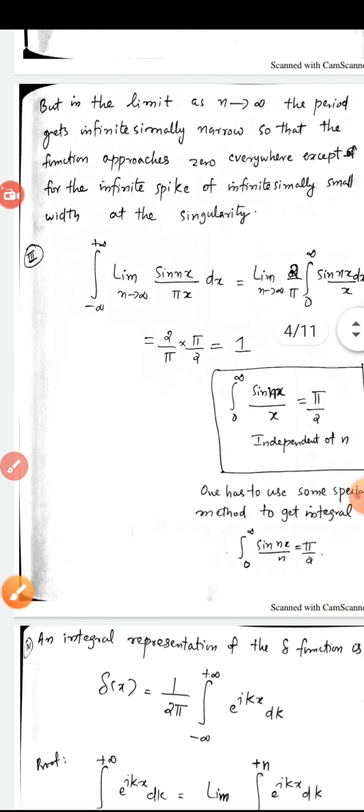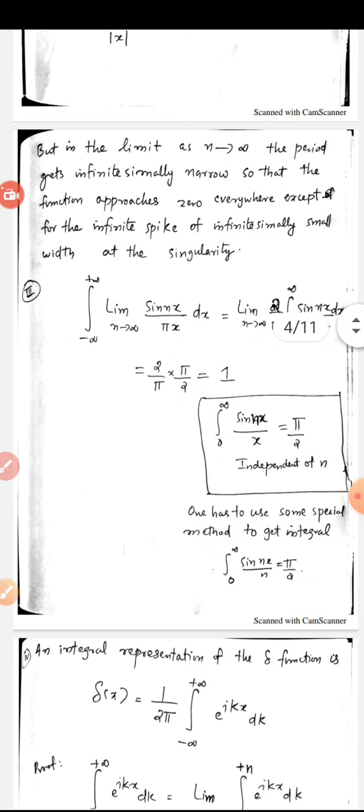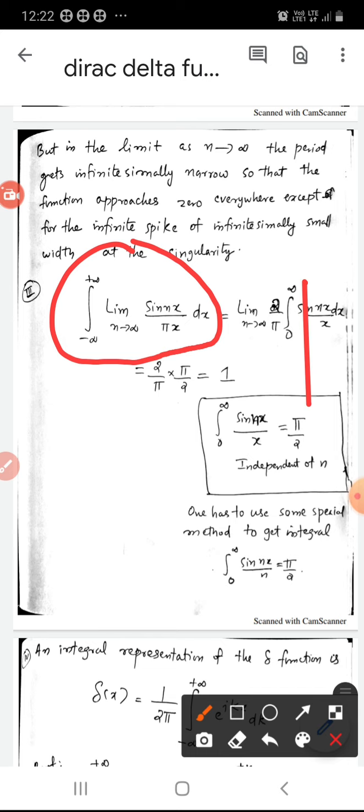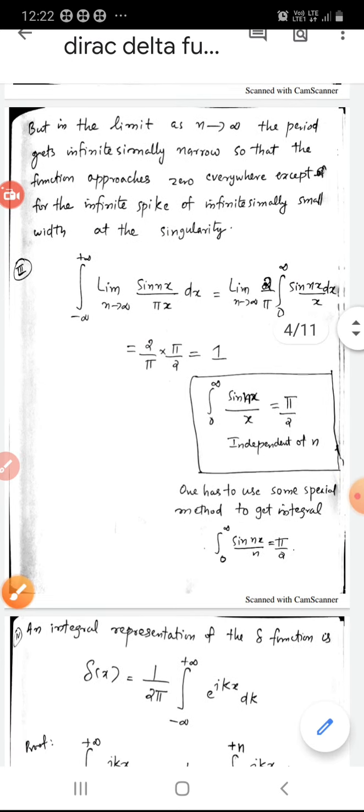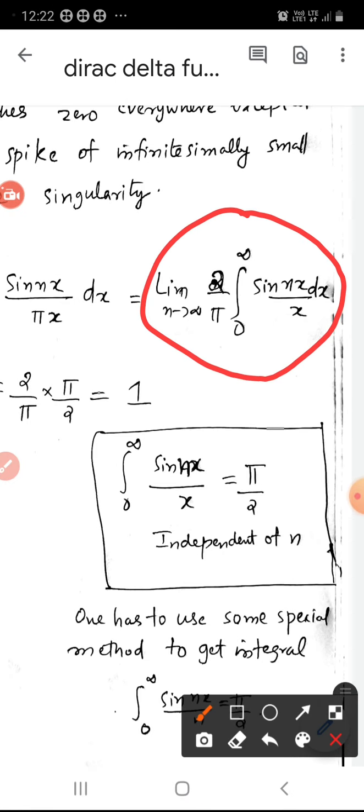The limit of the integral from minus infinity to plus infinity of sin(nx)/(πx) dx is equal to the limit as n tends to infinity of 2 times the integral from 0 to infinity of sin(nx)/x. So we are changing the limit from minus infinity to plus infinity to 0 to infinity, so you have 2 here.